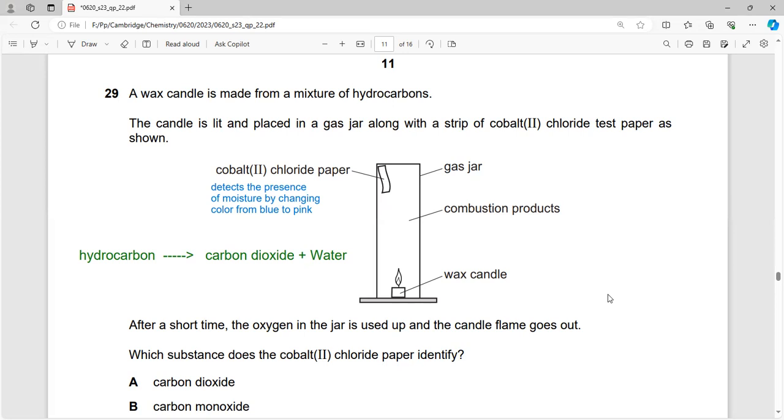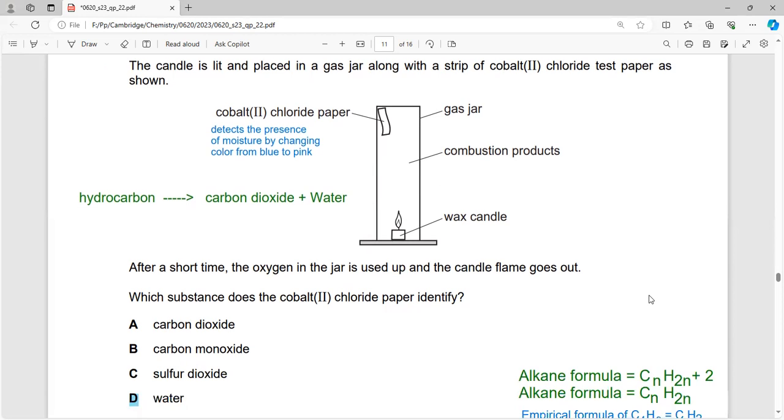What about when the candle wax burns? The hydrocarbon burns in the presence of oxygen and produces carbon dioxide and water molecules. These hydrocarbons produce the products carbon dioxide and water. In that way, after a short time, the oxygen in the jar is used up and the candle flame goes out. Which substance does the cobalt chloride paper identify?